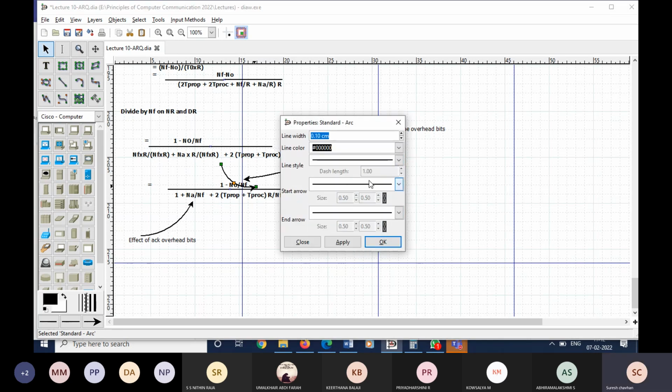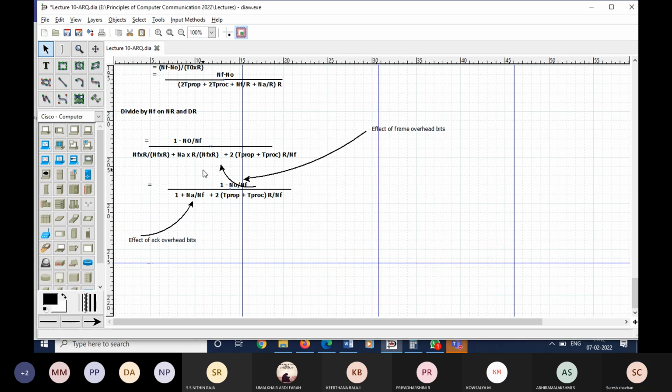So I'll write this one as a 0 here. So this is the 0, correct? Similarly, this term here also is a very negligible term. So for this also, I'll be writing it as a 0.